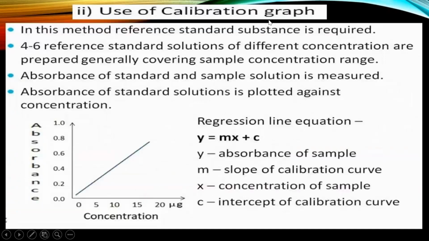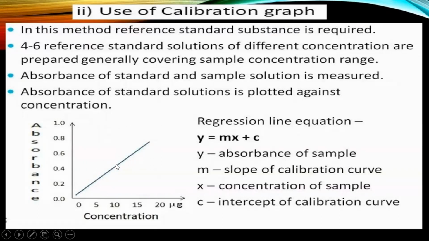Next, use of calibration graph. Here a reference standard substance is required. 4 to 6 different standard solutions are prepared, their absorbance is measured, and a graph is constructed between the concentration and absorbance. For the unknown sample, measure the absorbance.